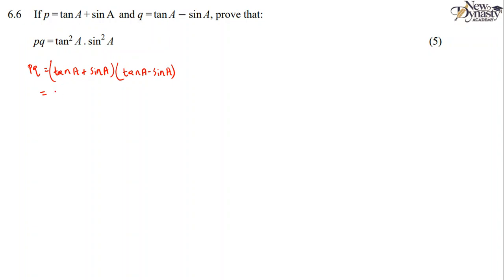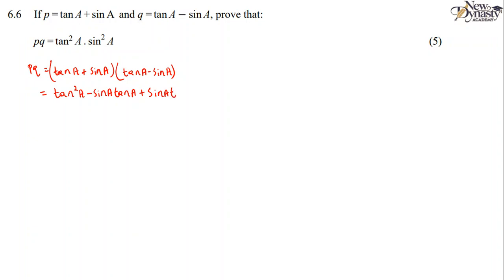Tan A multiplied by tan A, that is tan squared A. Tan A multiplied by negative sine, that is negative sine A tan A. And this one is going to be sine A multiplied by tan A, that is positive sine A tan A.